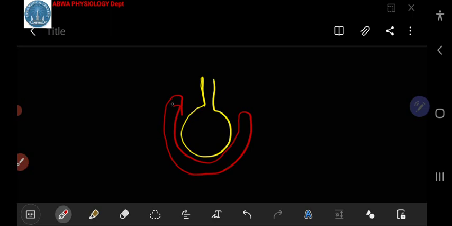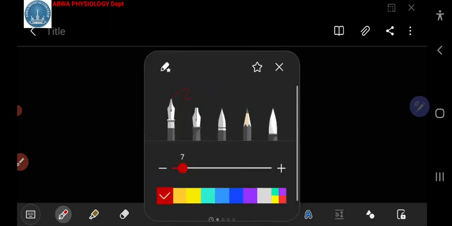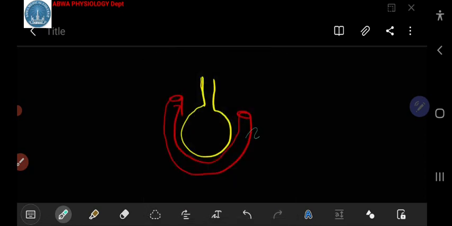If we make a diagram, if this is an alveoli, there is a blood vessel around it. Every alveolus contains blood vessels, and we denote this color for oxygen, which is very much less in the blood but in the lungs, in the air, it is very much high.